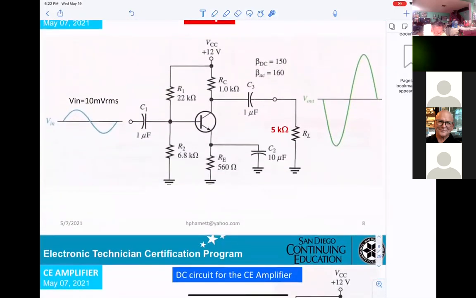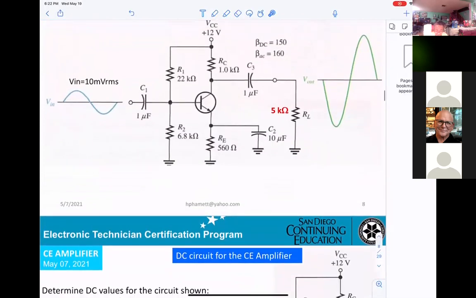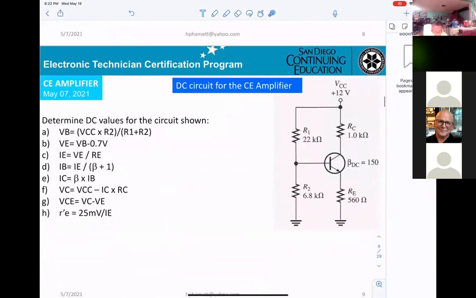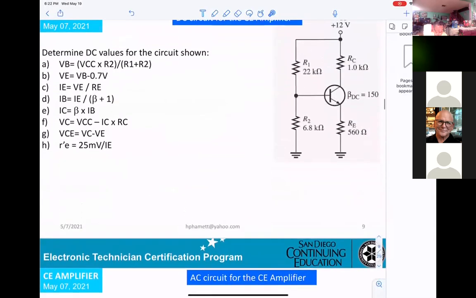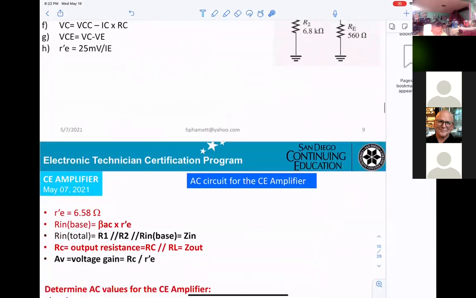Okay, this one here, we have already done. This is still common emitter, and that will be a voltage divider. We already know that.